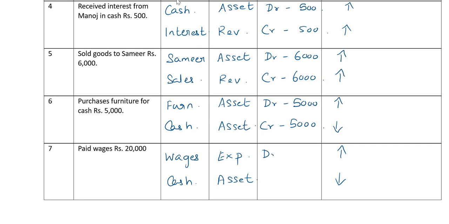So wages will be debited with 20,000 rupees and cash will be credited with 20,000 rupees. So we saw a few sample transactions and how to decide which account has to be credited or debited depending upon the modern approach to accounting.